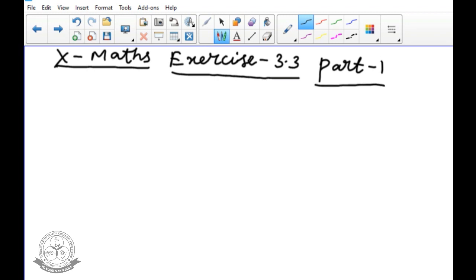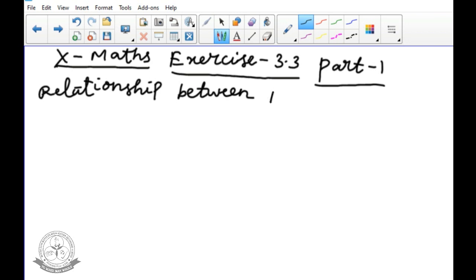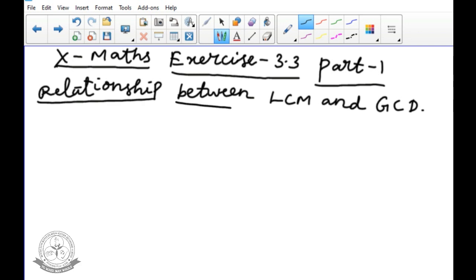Exercise 3.3 is the relationship between LCM and GCD.